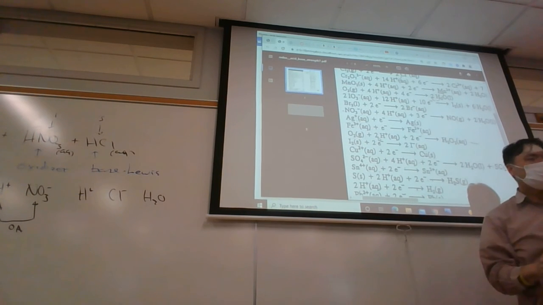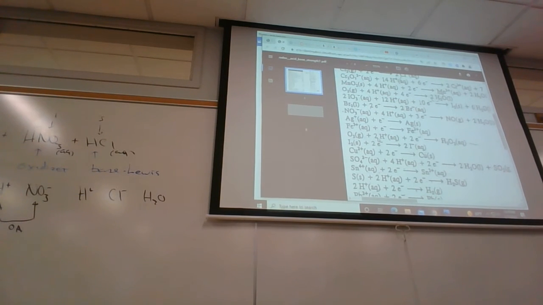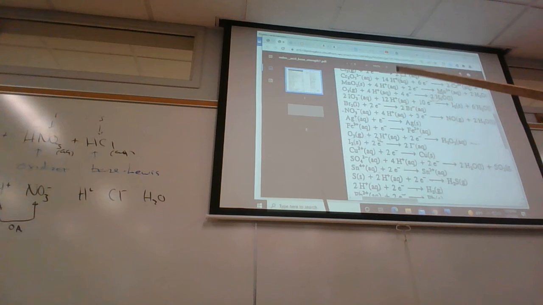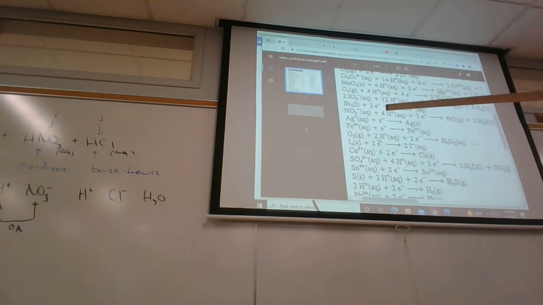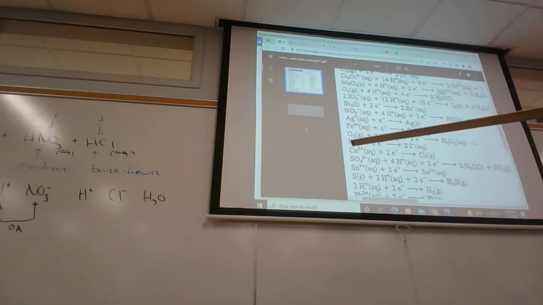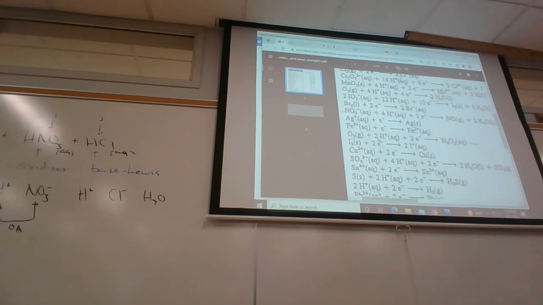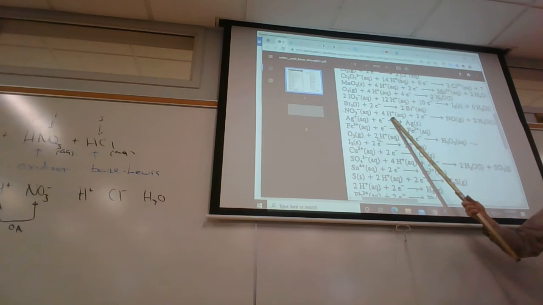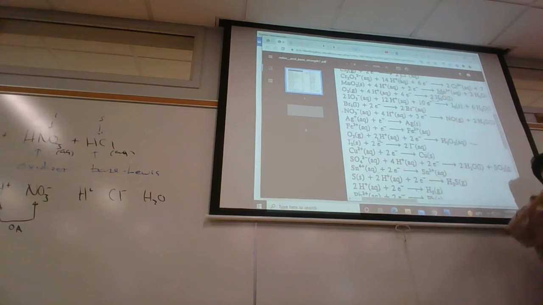So this is the reason why I gave you sodium nitrate. When you look at the chemical properties of nitrate and sodium nitrate, and you compare that with the chemical properties of nitrate and nitric acid, it's different. It's different because you're missing the H plus. In nitric acid, you have plenty of H plus. It's a strong acid. In sodium nitrate, there's no H plus, unless you dump some acid in there.